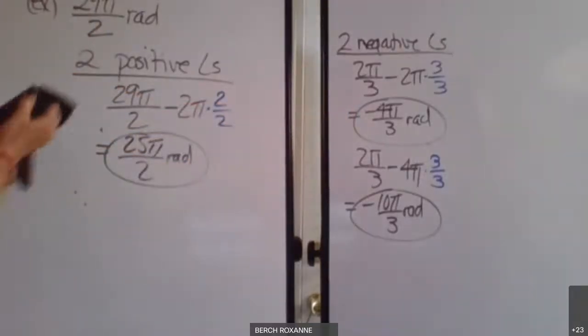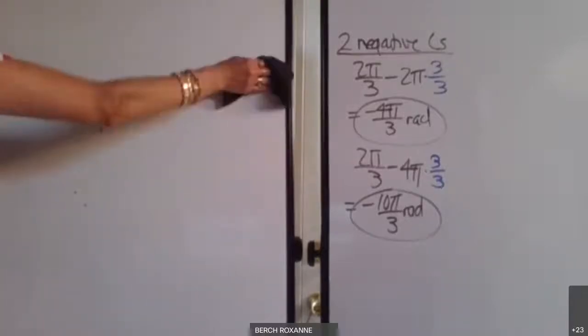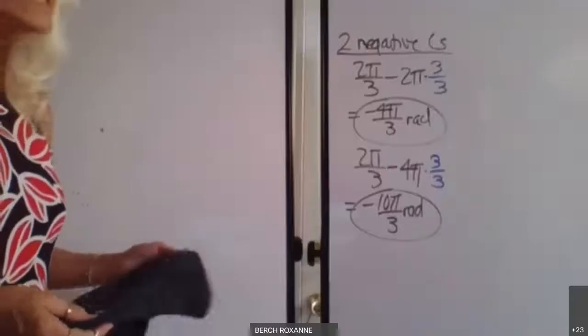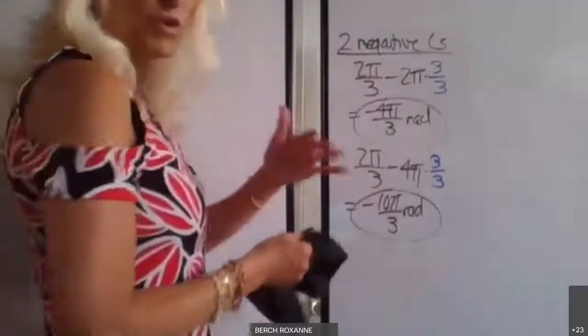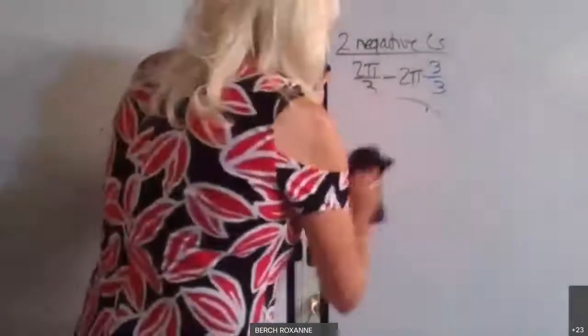How would you do those for negative when you're looking for 2 negative angles? Same thing. If you could get one that's nearer, then you have to get the one that's nearer.